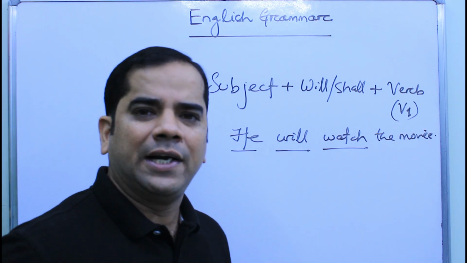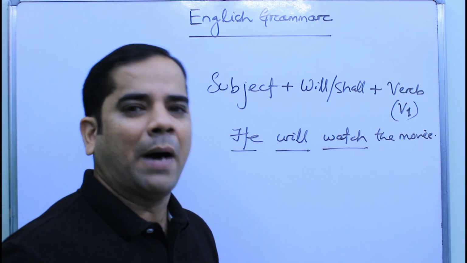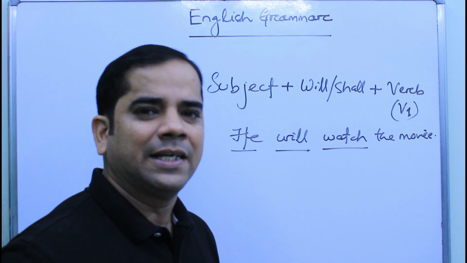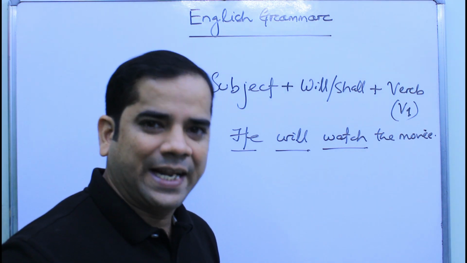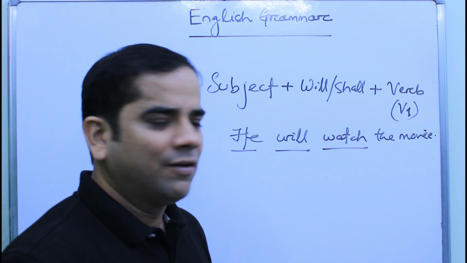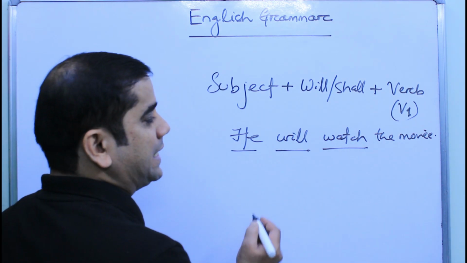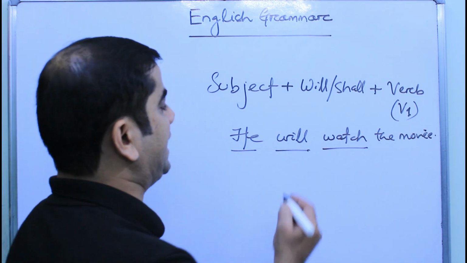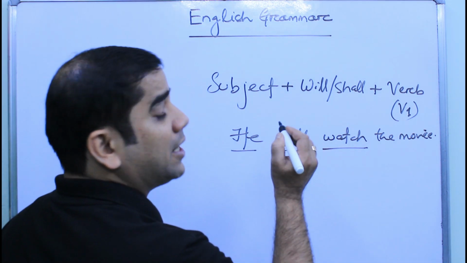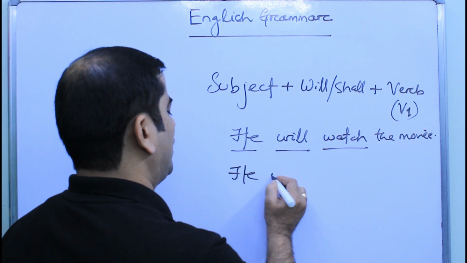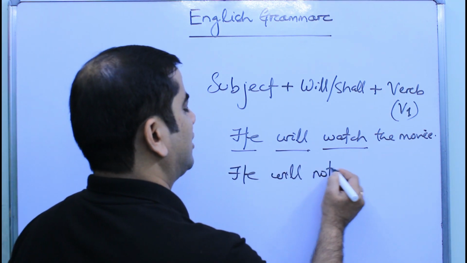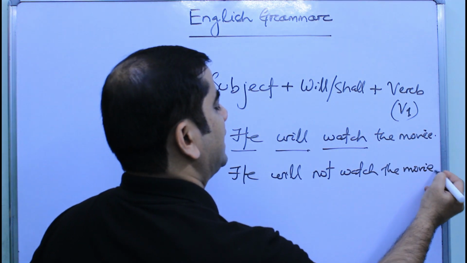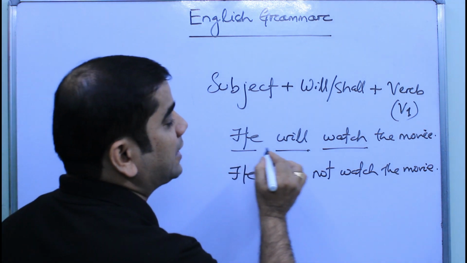And as we have already discussed in present tense and past tense, future tense also has three forms of the sentence, that is affirmative, negative and interrogative. For example, he will watch the movie, it is in affirmative form. When we convert it into its negative form, we need to put not after will. So he will not watch the movie is the negative form of the sentence.